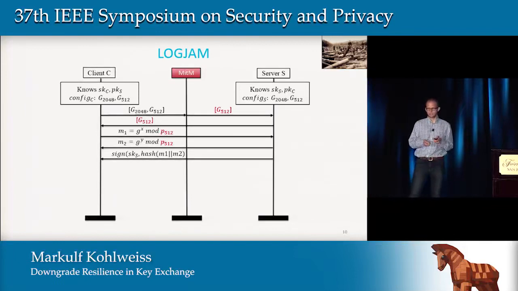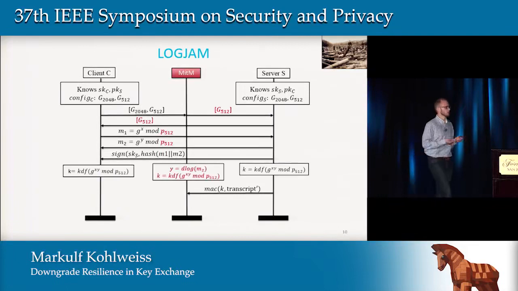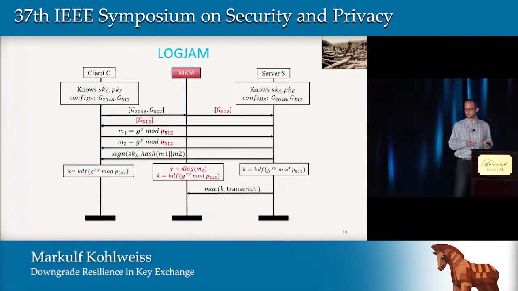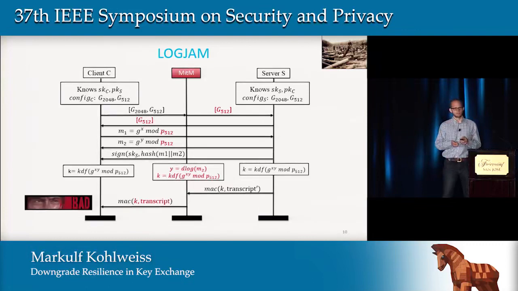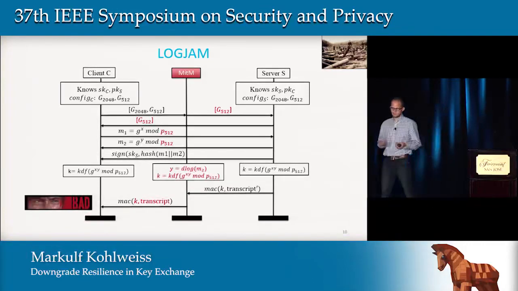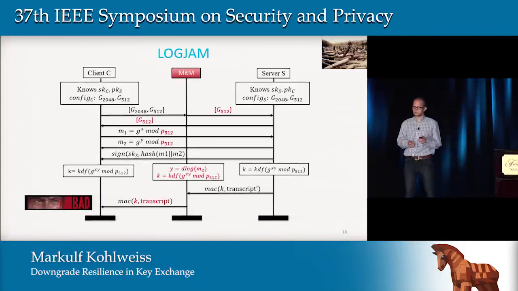At this point, the parties can compute the keys, and actually all parties can, because by breaking the discrete logarithm for the smaller group, the man-in-the-middle attacker can also compute the key K, and then forge the finished message. So this is a break of key confirmation and breaks downgrade security of TLS 1.2.